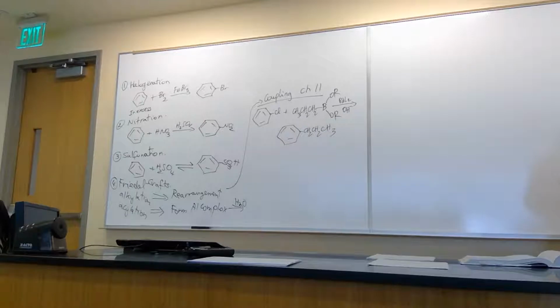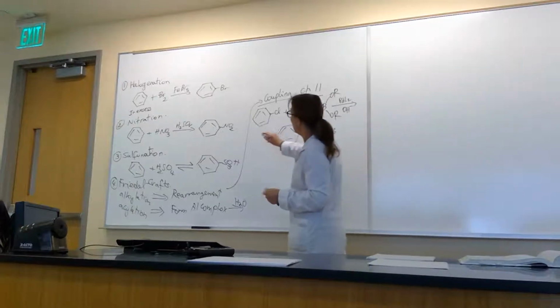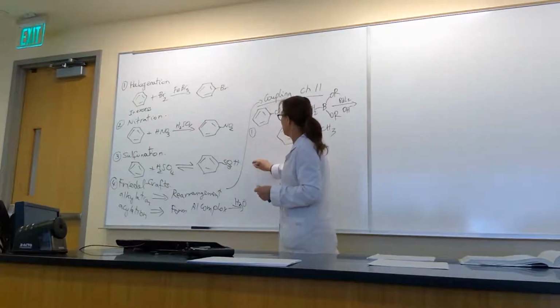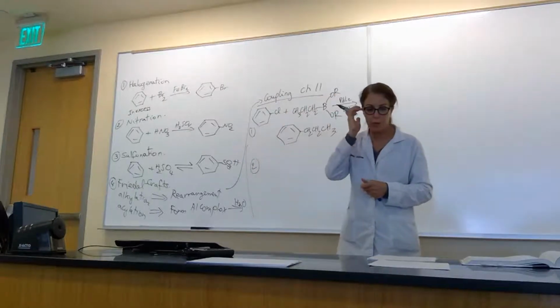The good news is you don't need to know the mechanism because it's still not very clear. But you have to know that if you want to add an alkyl in synthesis without rearrangement, this is the best approach. Another approach, and they're both coupling, is the second coupling method: using an organocuprate.